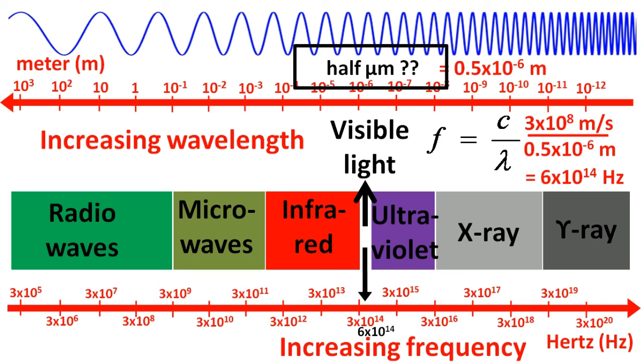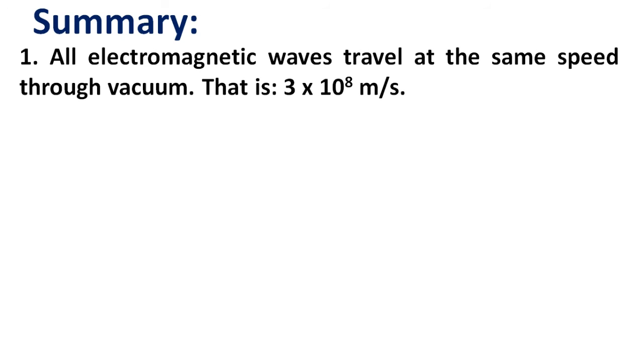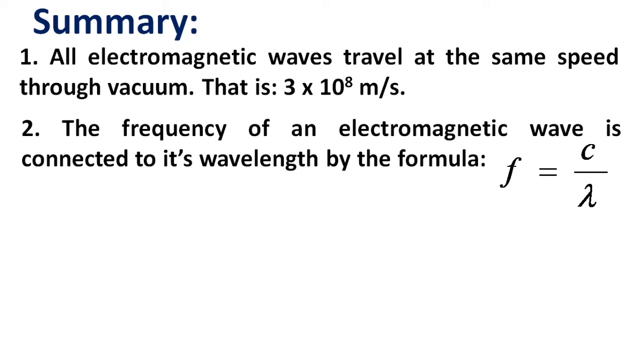Perfect, and that brings us to the end of this class. Before we go, give us a summary of the things you learned. Okay. 1. All electromagnetic waves travel at the same speed through vacuum, that is, 3 times 10 raised to power 8 meters per second. 2. The frequency of an electromagnetic wave is connected to its wavelength by the formula F equals c over lambda.